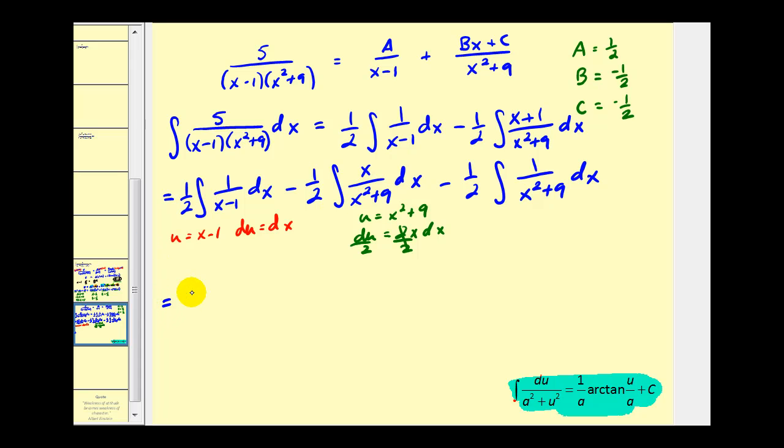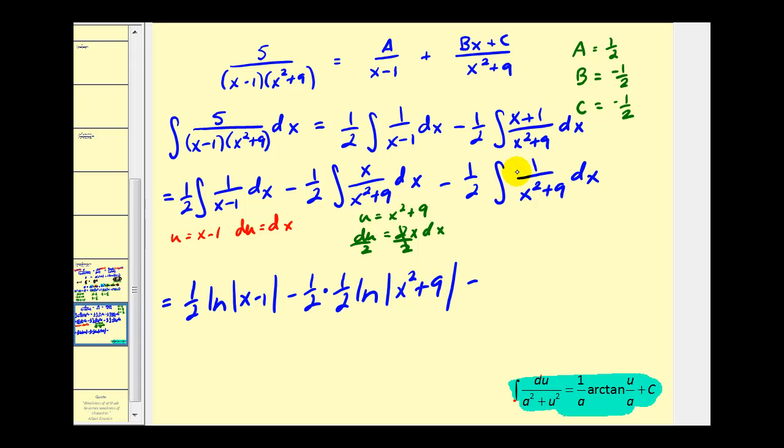So this is going to equal 1/2 times the natural log of the absolute value of x minus 1. Now here we're going to have minus 1/2, and then when we perform the u substitution, we're going to have another factor of 1/2 because x dx is equal to 1/2 du. So we'll have 1/2 natural log absolute value of x squared plus 9.